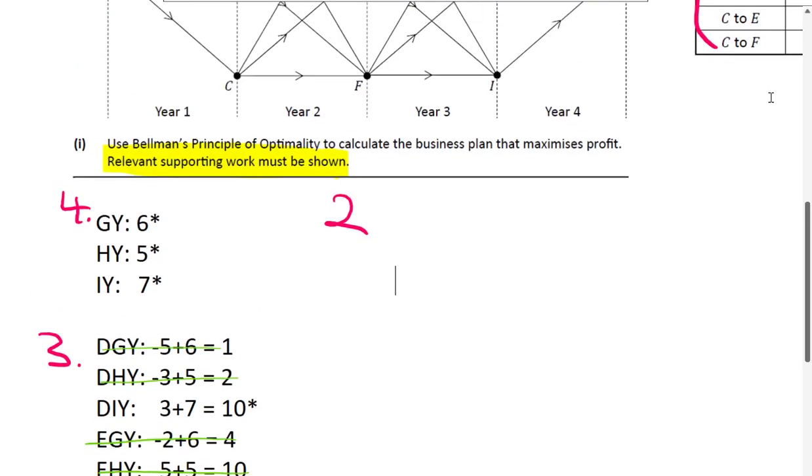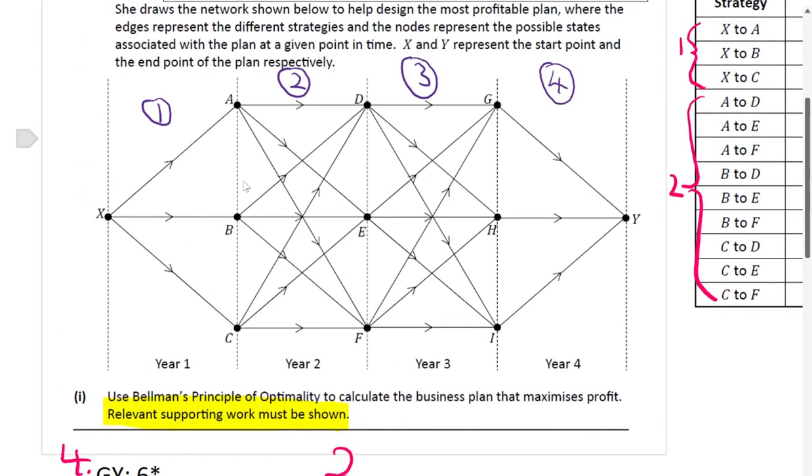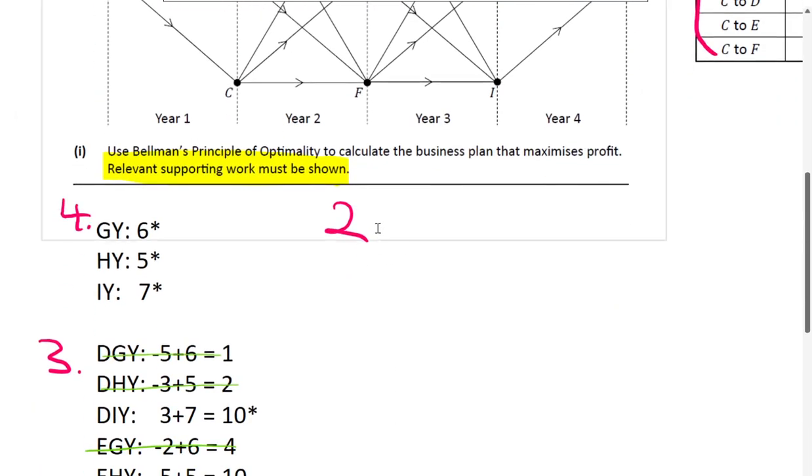I think it's A, B, and C. So the start nodes are A, B, and C. And what we do again is we start with A, go to all the options from A and write them out. Then all the options from B, write them out, and then all the options from C and write them out. So here I think is where the thing starts to pay off.